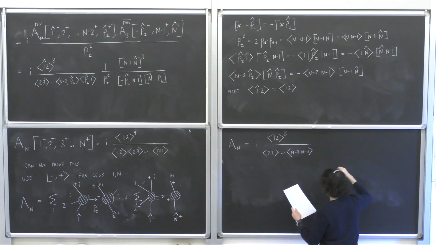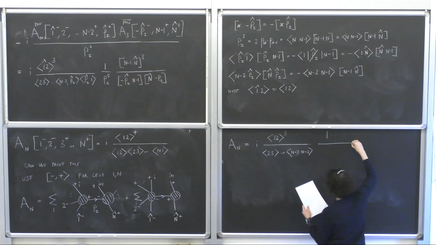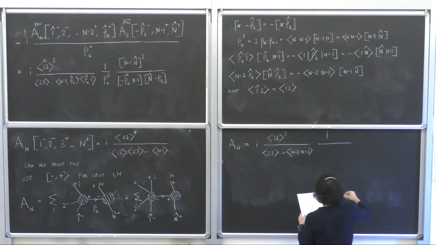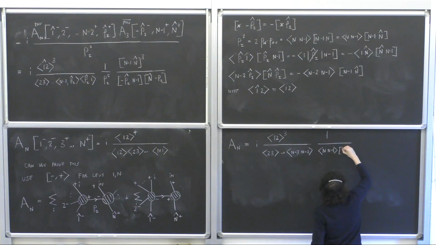And then there are the new terms. So we write everything that is over there. I start by writing the P_i squared, as I've done above, and n-1, n shifted.